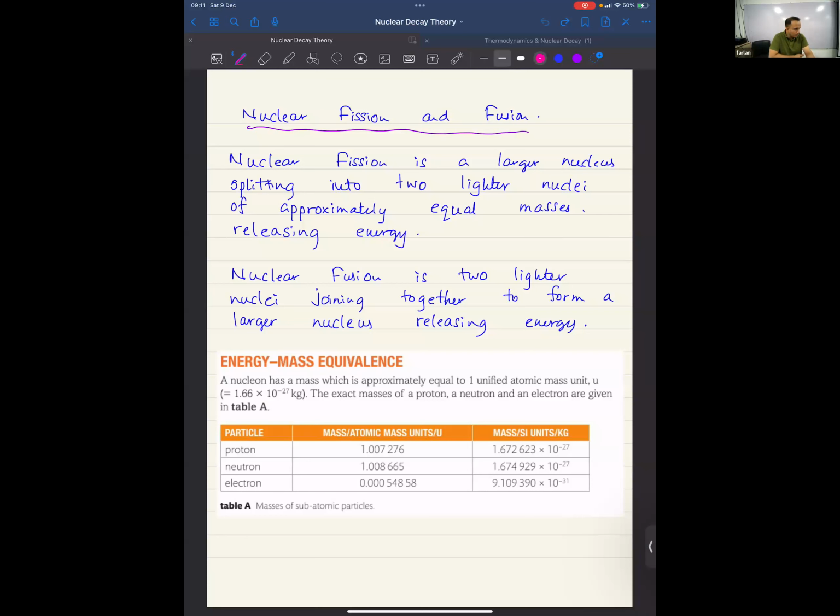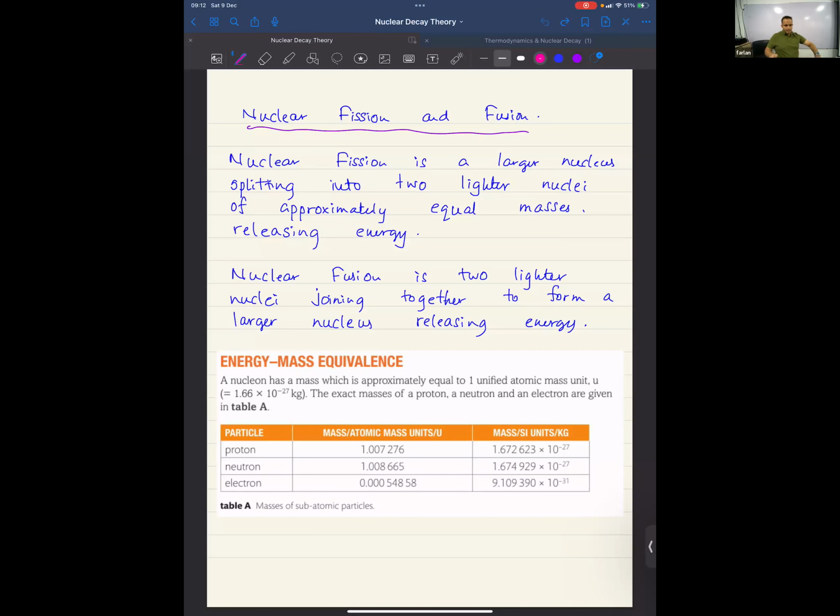We call it U. Within brackets, you can mention U. 1 unified atomic mass unit. And the mass of that is 1.66 times 10 to the power minus 27 kilograms. Full stop.